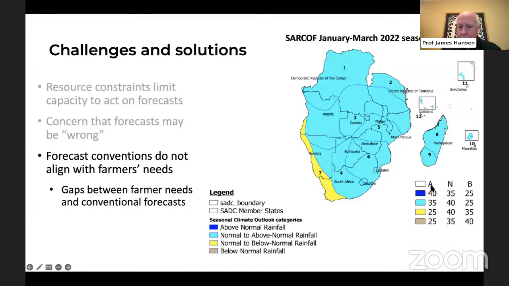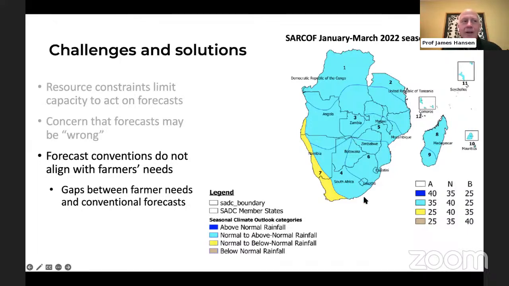If you look on the right, we have A, N, and B. So that's above normal, near normal, and below normal rainfall. These represent: above normal is the wettest 1/3 of the past 30 years, near normal the middle, and below normal is the drier 1/3 of past years for the January to March season.